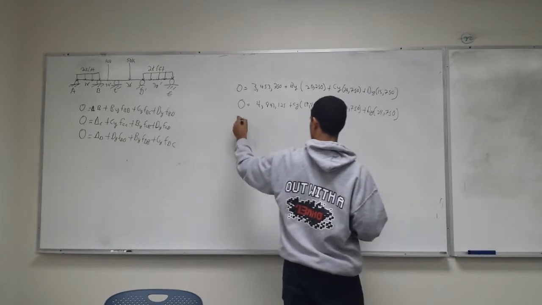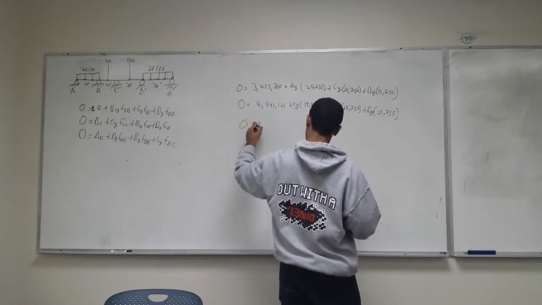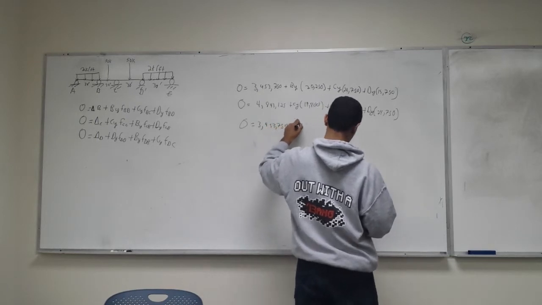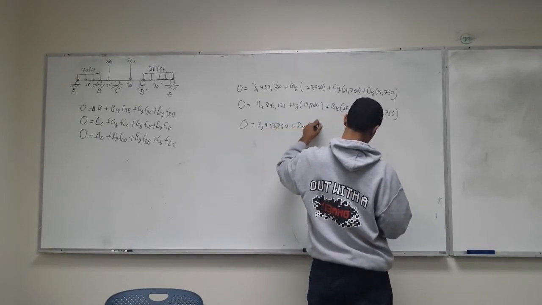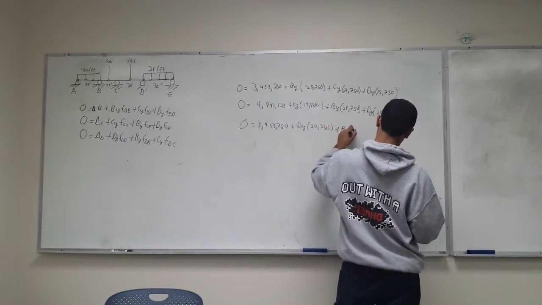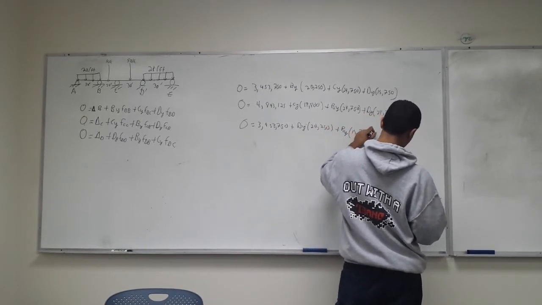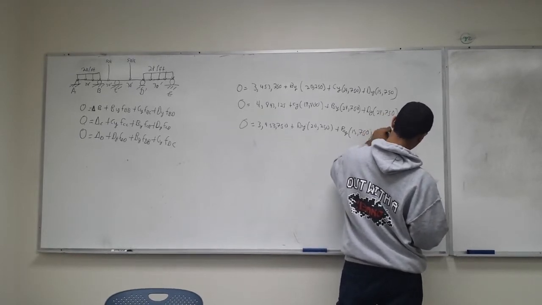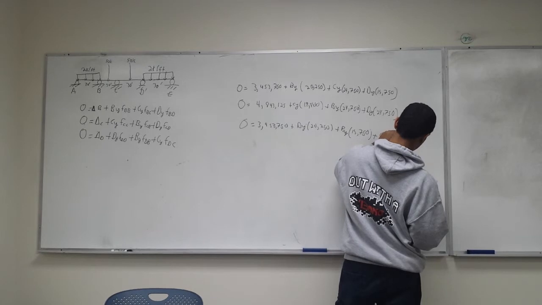And 0 is equal to 33,453,750 plus DY times 20,250 plus BY times 50,750 plus CY times 24,750.